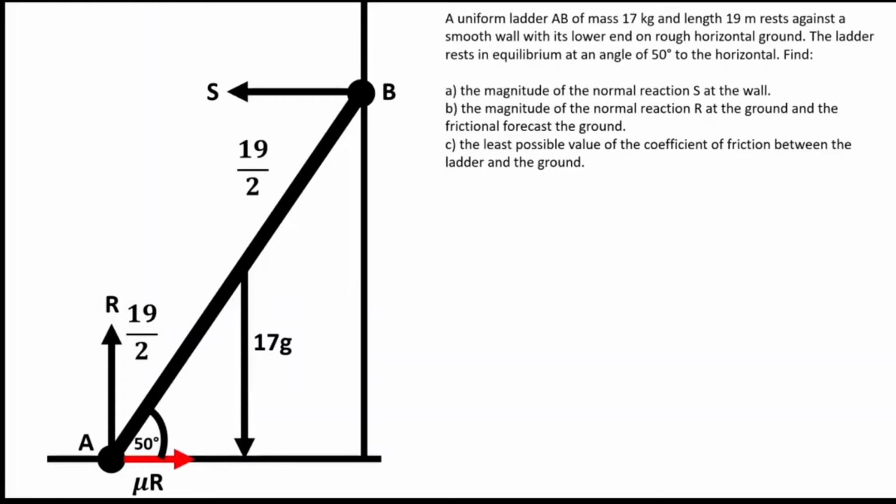Now, with all static rigid body questions, we are pulling together a lot of skills that we've used so far in our mechanics course. We're using the fact that this is in equilibrium, but it's a static rigid body. That means it's not moving and it's stationary. If it's stationary, that means that its resultant force in any direction is going to be 0. So we can resolve vertically and it should equal 0. We can resolve horizontally, it should equal 0.